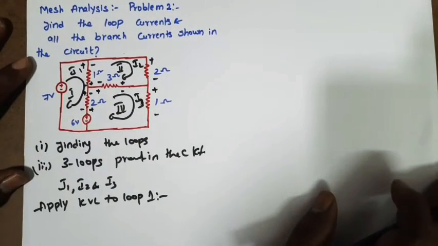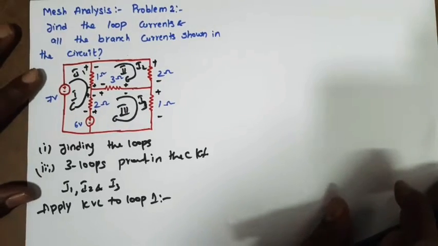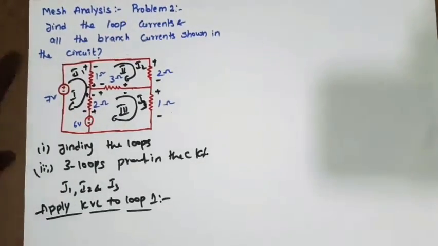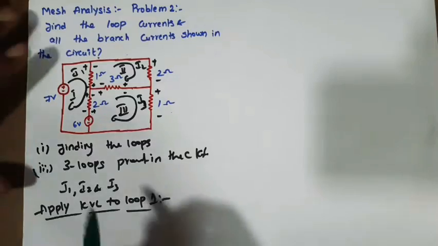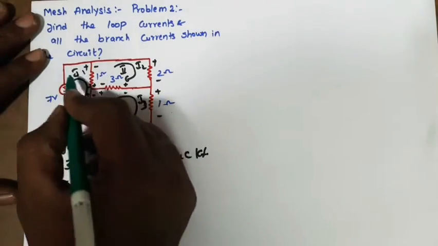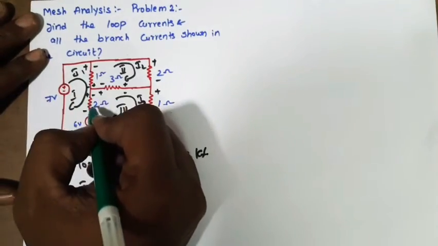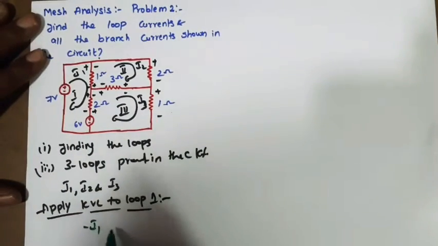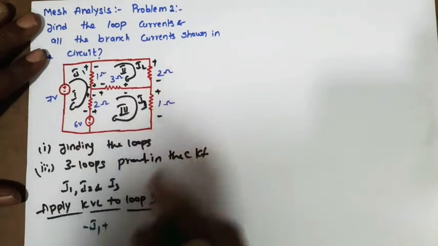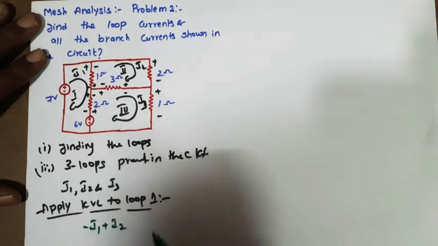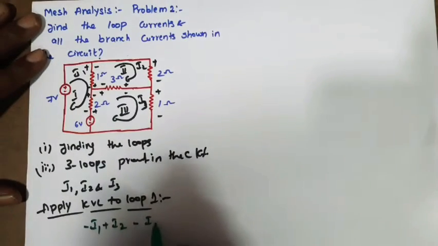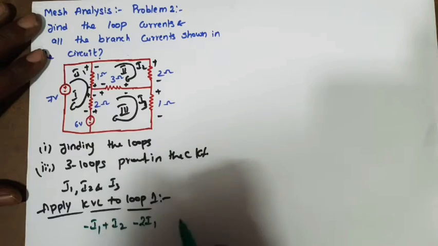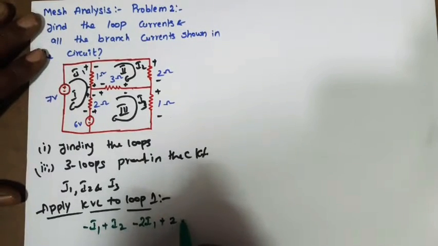Now let's go into solving the problem. Apply KVL to loop 1. In loop 1, the current I1 enters the positive terminal and leaves the negative terminal, so minus I1, plus I2, minus 2I1 and plus 2I3.